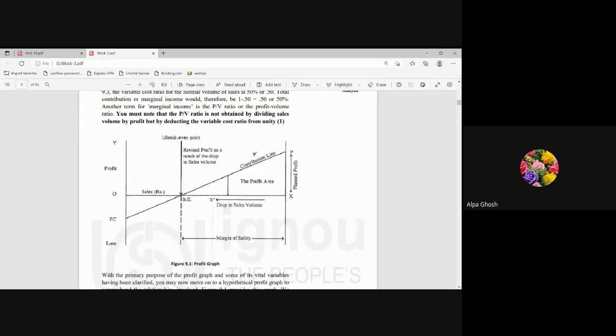I hope everyone knows what is break-even. If there is a drop in sales volume, there will be a drop in the profit also.